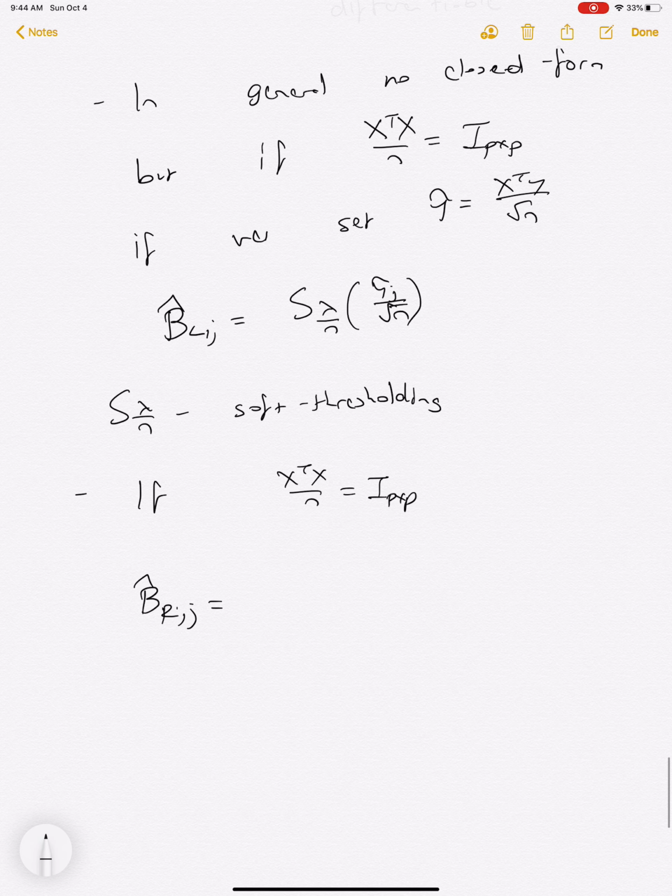It's just going to be y tilde j over square root of n times 1 plus lambda over n.